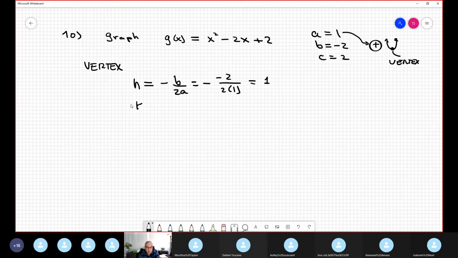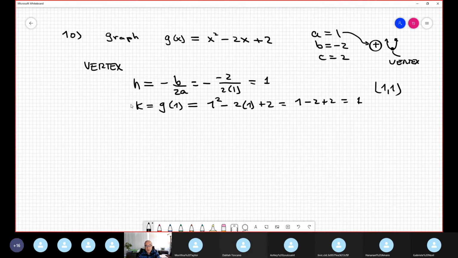And in order to find the k value, you evaluate g at 1. So 1 squared minus 2 times 1 plus 2. So it's 1 minus 2 plus 2, which is 1. It's a coincidence that it's the point 1,1. Okay, the vertex is located at the point 1,1.